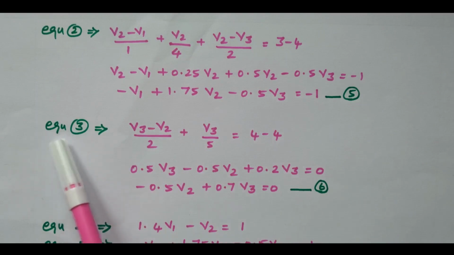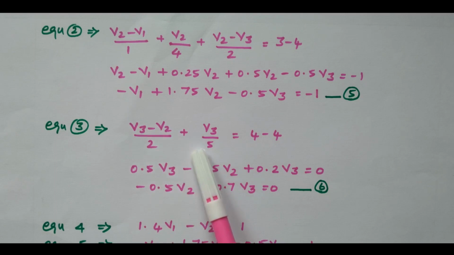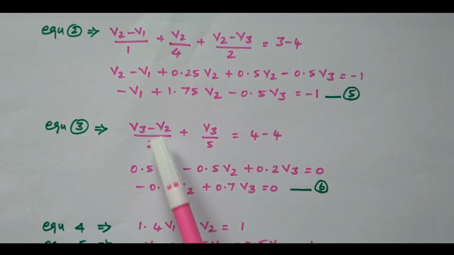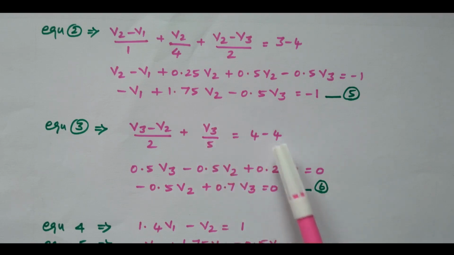Now we'll take the third equation: (V3 minus V2) divided by 2 plus V3 by 5 equal to 4 minus 4. So this 1 by 2 is 0.5. So 0.5 V3 minus 0.5 V2 plus 1 divided by 5, which is 0.2 V3, equal to 4 minus 4, which is 0. Here V2 is available, V1 is not available, so minus 0.5 V2.